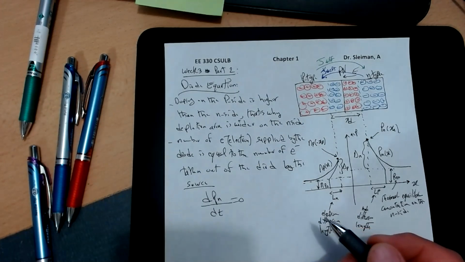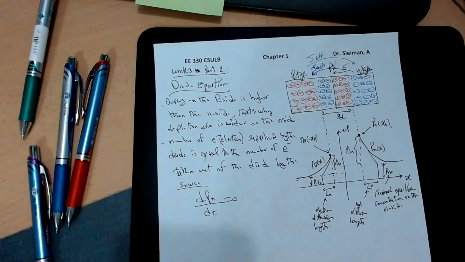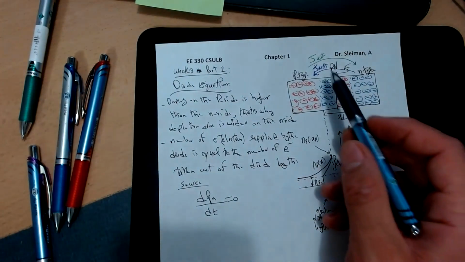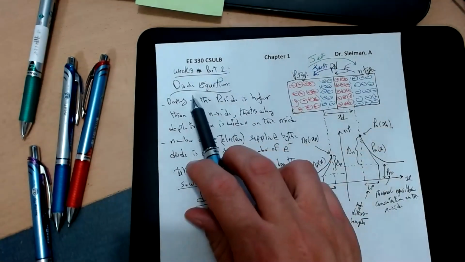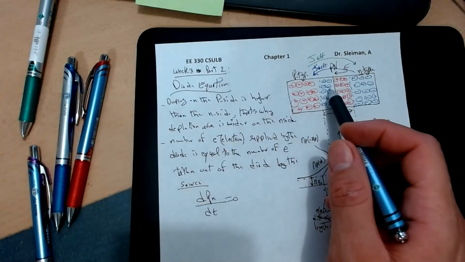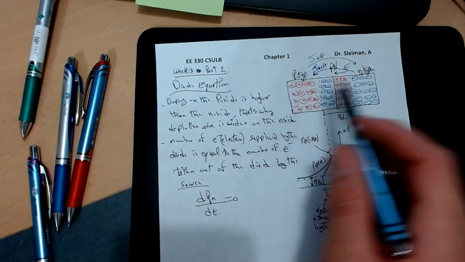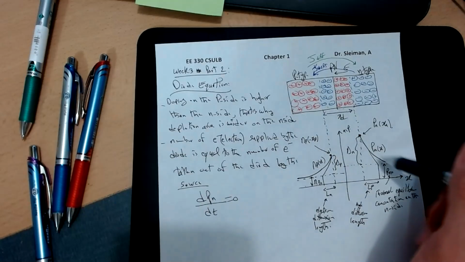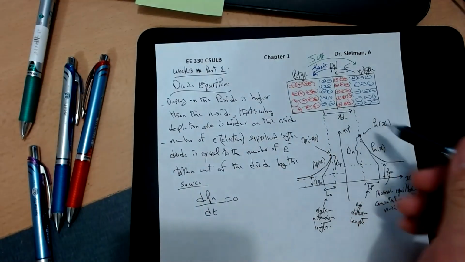So going back to the diode equation, you have to know that the diode current equation, the relationship between the current and the voltage, is always exponential, increasing or decreasing.